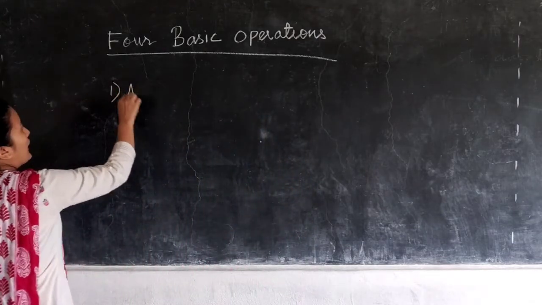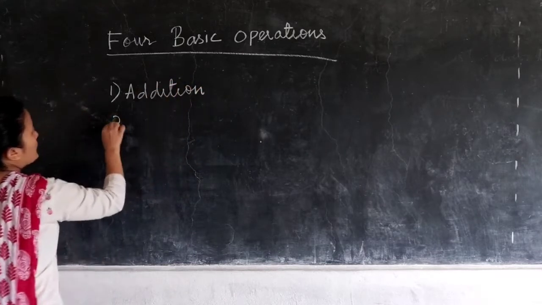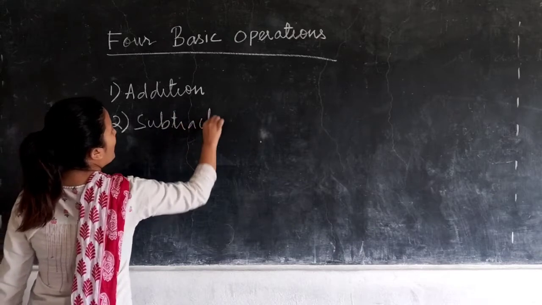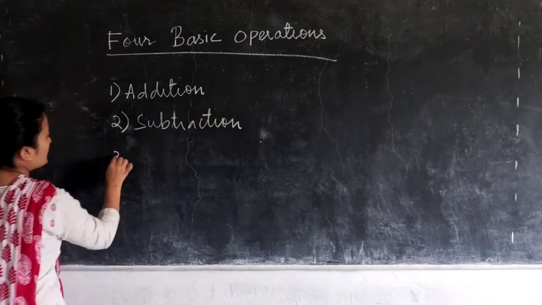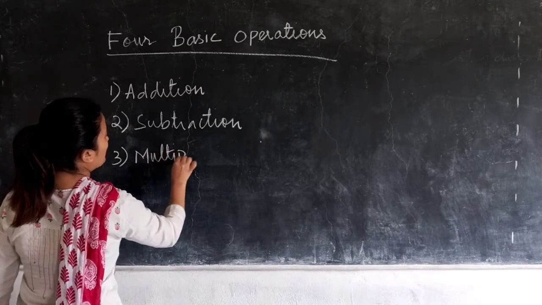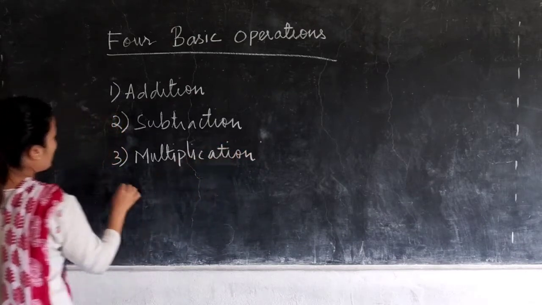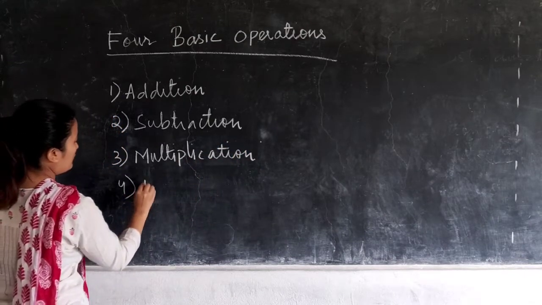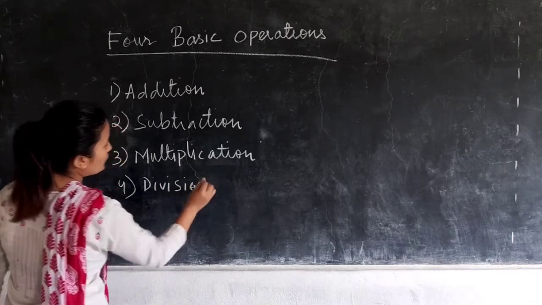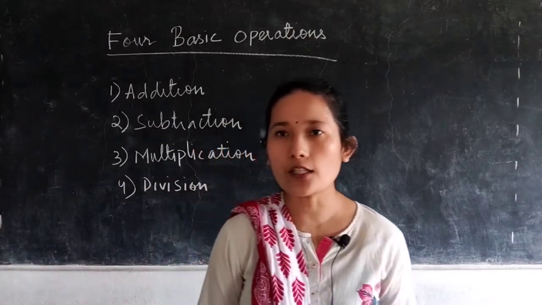So it's addition, then you have subtraction, multiplication, and division. These are the four basic operations that you have to understand or know in order to solve any mathematical problem.